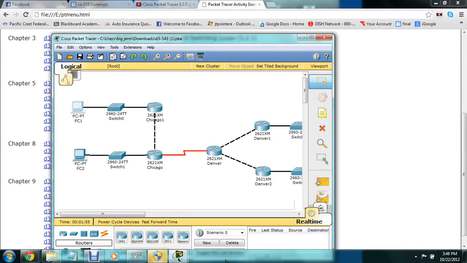Alright, today in Packet Tracer we're going to be verifying and troubleshooting EIGRP operations, and we're going to be going through and trying to just ping our different connections here and seeing where we get caught up, and if we get caught up, see what our potential problems are.